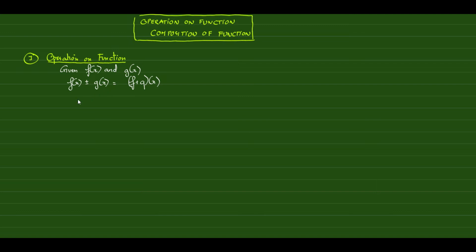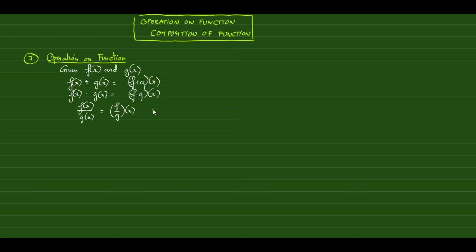And how about multiplication? Yes, we can do that too. If you have f of x multiplied by g of x, then we have the function of the product, f times g of x. And if I have f of x divided by g of x, then we have f over g of x.